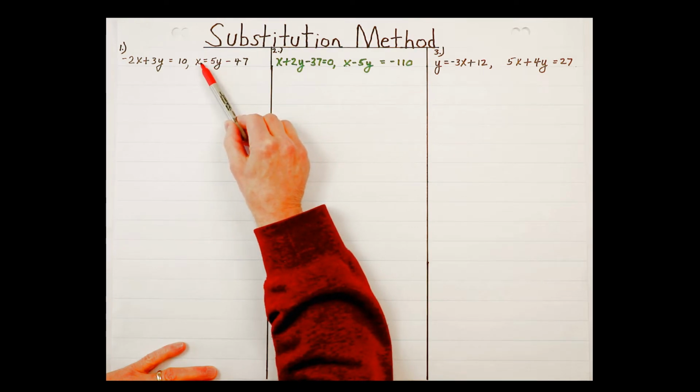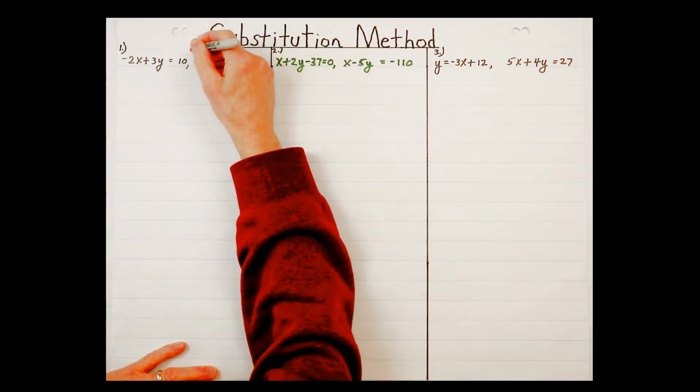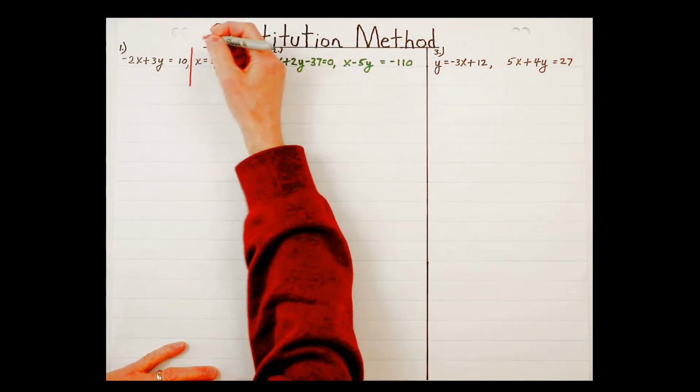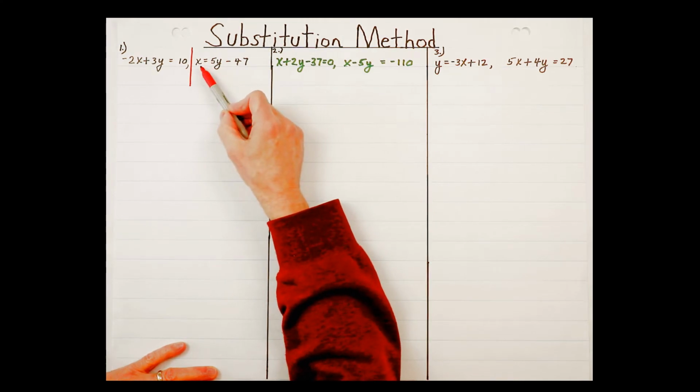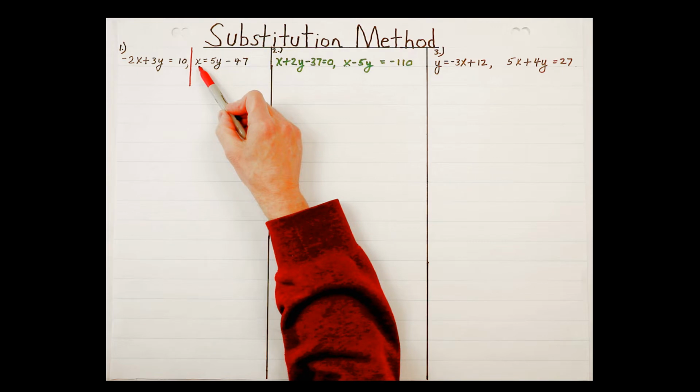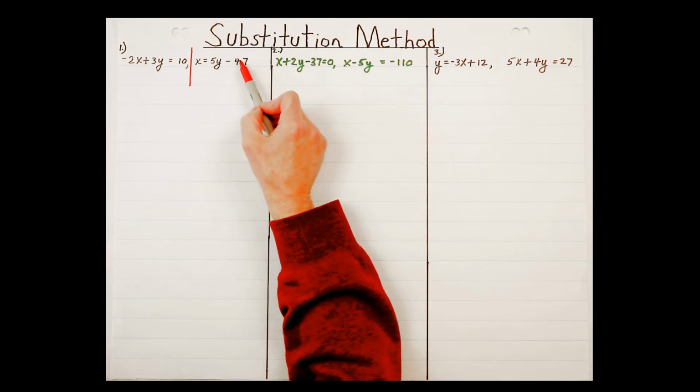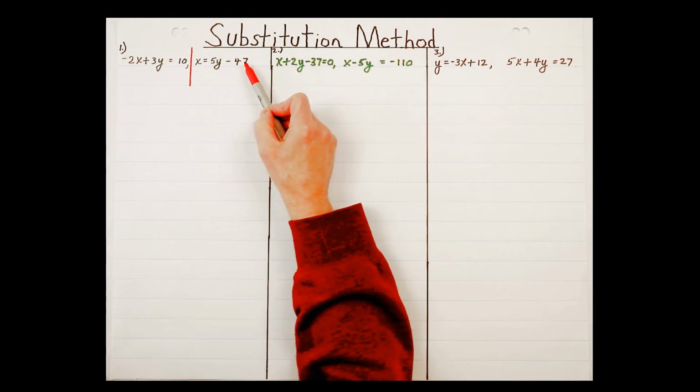Because x is by itself. X, we say, is isolated. Let me draw a line down here. So if you have just the letter on one side of the equation, the left-hand side, say, and everything else is on the right-hand side of the equation, it's perfect for substitution.